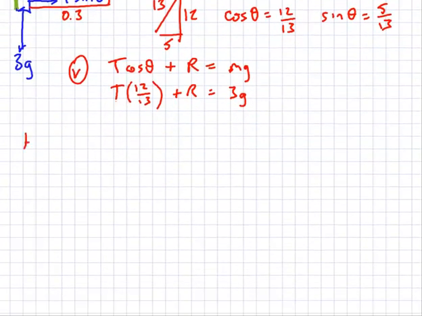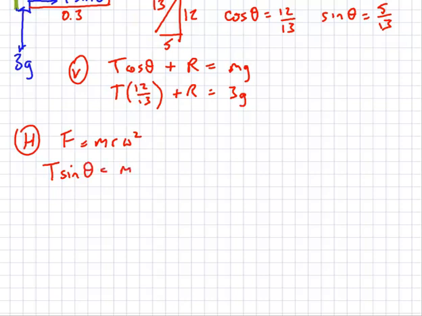So horizontally, we have a situation where using F equals m r omega squared. Well, F is T sin theta, m is m, r is r, omega squared. We can now substitute what we have for certain things here.